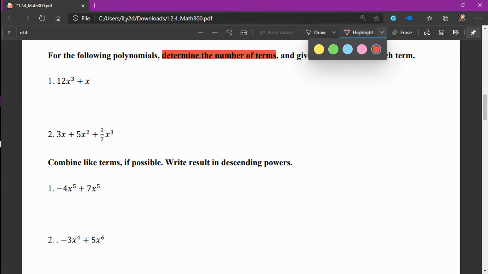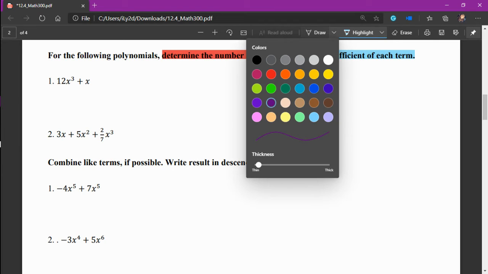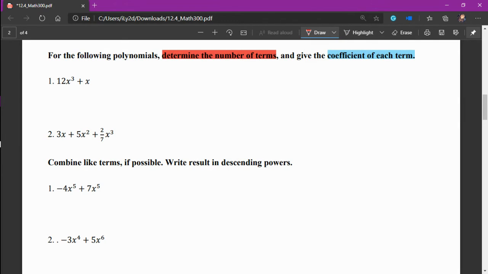And then we're going to use blue for our coefficient of each term. So for our red, determine the number of terms. If you look at problem 1, I have how many terms? Right, I have 2 terms.